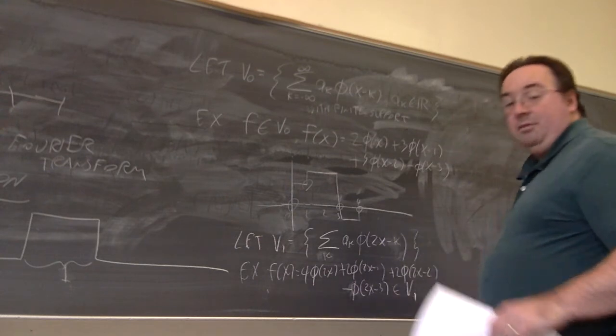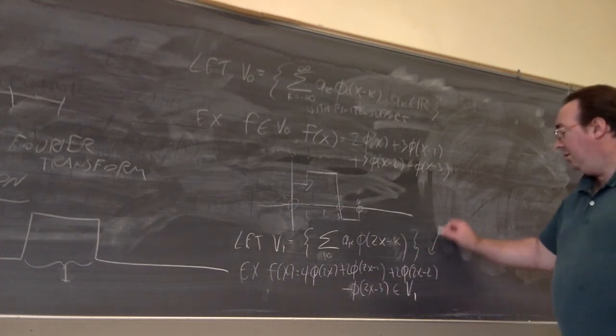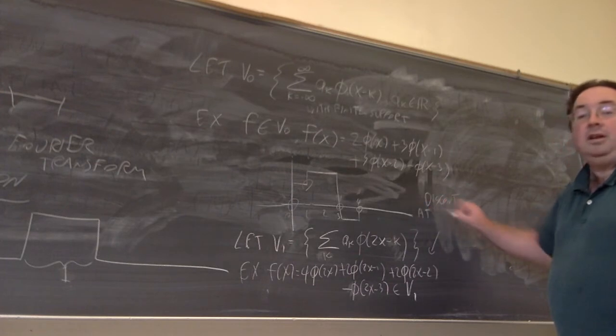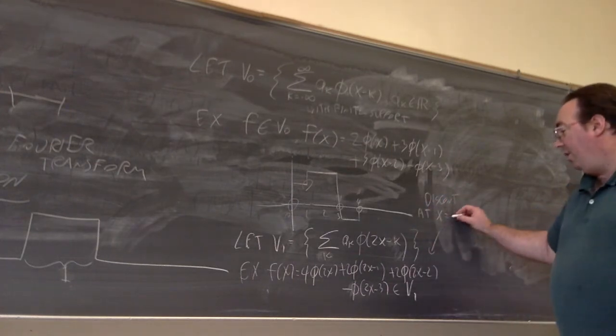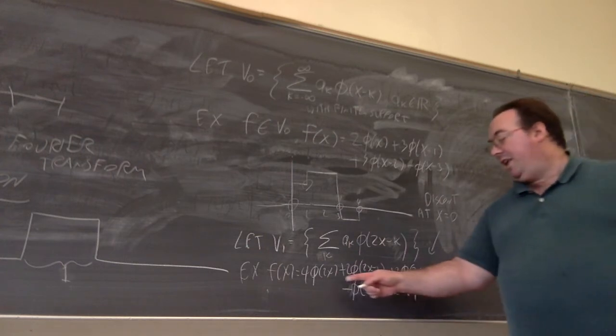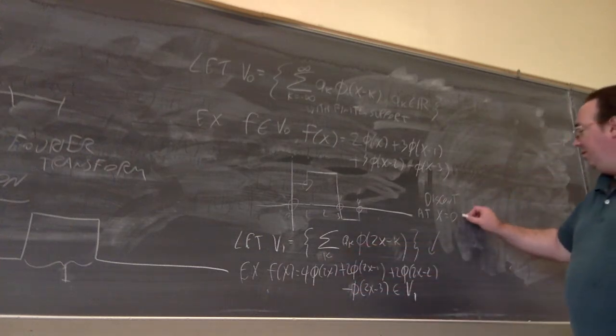So this belongs to V1. So this has discontinuities at x equal to 0, because it jumps up to 4. But then at x equal to 1/2, it's going to jump down to 2.